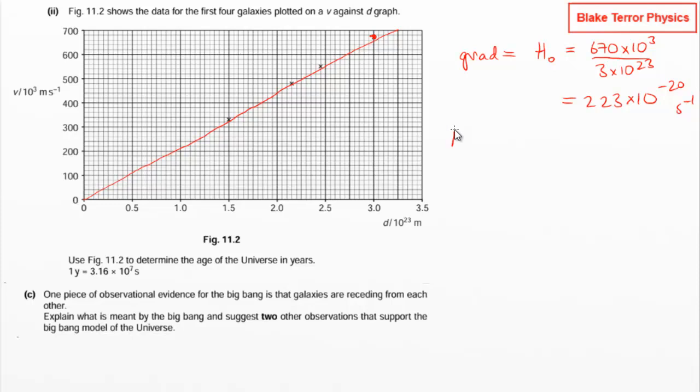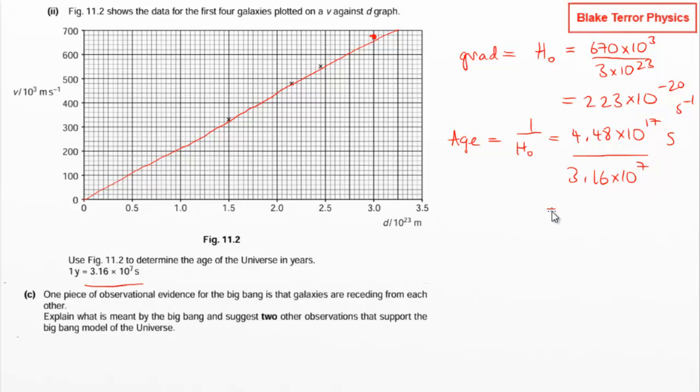So we want the age of the universe, 1/H0, which is going to turn it into seconds, as we can see from the units. That gives 4.48 times 10 to the 17 seconds. Then we need to divide by this to get it in years. So let's divide that by 3.16 times 10 to the 7.